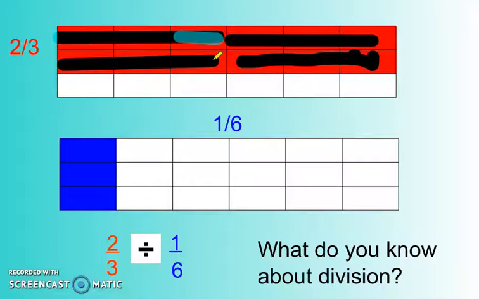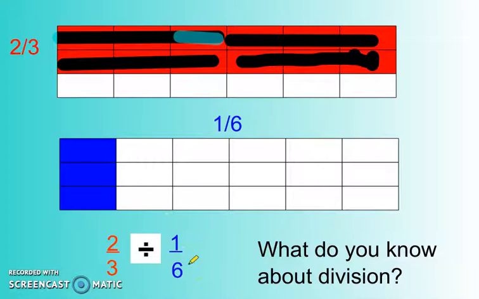So how many times did 1/6 go into 2/3? It went in there evenly 4 times. Now you're probably asking yourself, how would you get an answer of 4 looking at 2/3 divided by 1/6? Well, that's what we're going to learn today.